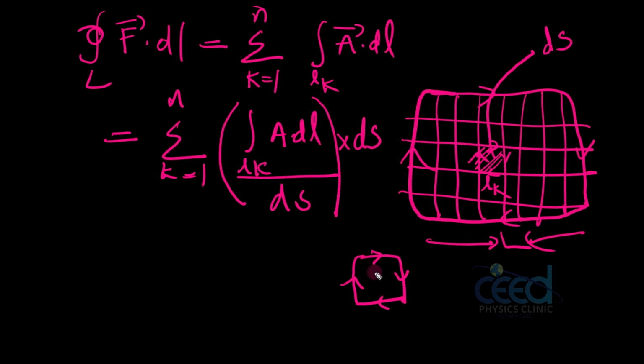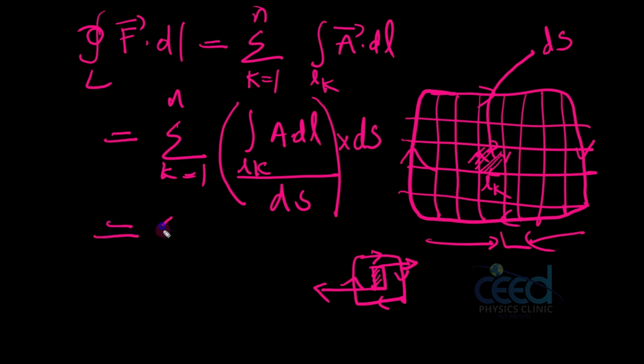Now if you consider a small stick here, the force field is in this direction, so the stick has a tendency to go like this, and here the force field is in the opposite direction, so it has a tendency to go like this. So the stick will rotate. That means this line integral of F dot dl throughout the closed path per unit area represents the curl of this vector.